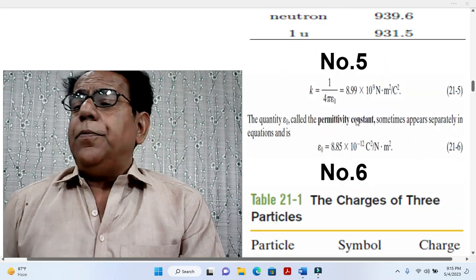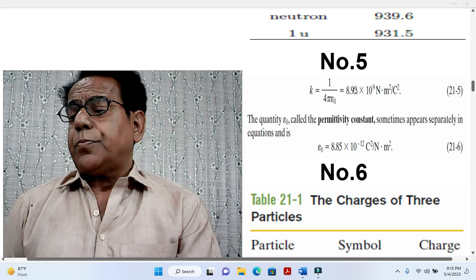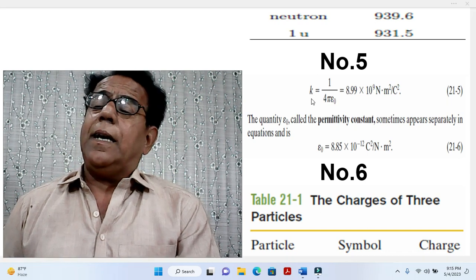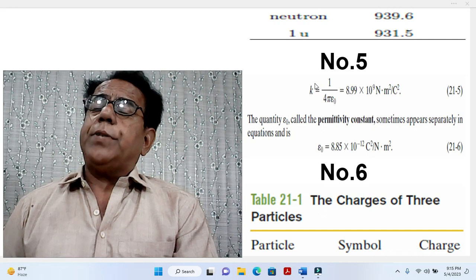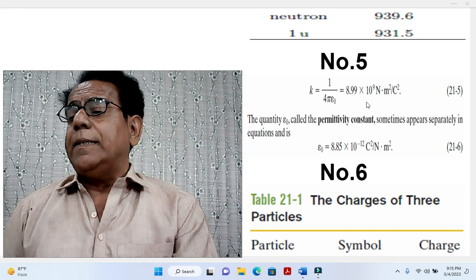In tool number 5, dear students, this is called the Coulomb constant or electrostatic constant, and this is equal to this.